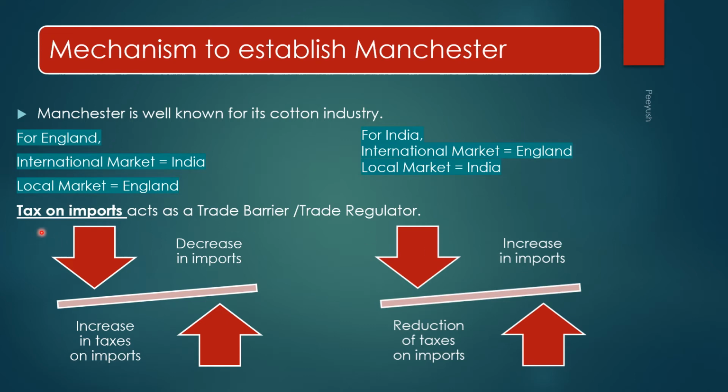Understand it very clearly that tax on imports acts as a trade barrier or trade regulator. Decrease the taxes, more products would come. Increase the taxes, fewer products would come. Increase in taxes, decrease in imports; reduce the taxes, increase in imports. Clear? So it's an inverse relationship here. I hope you understood the mechanism. This was the mechanism.